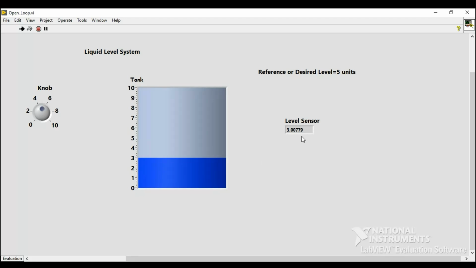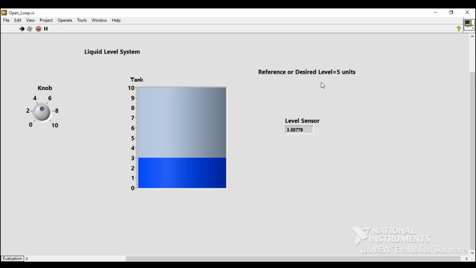So we can read the level sensor showing 3.07. Now this is the actual output and it is different from what is desired level, that is 5. This is an example of open loop control systems.